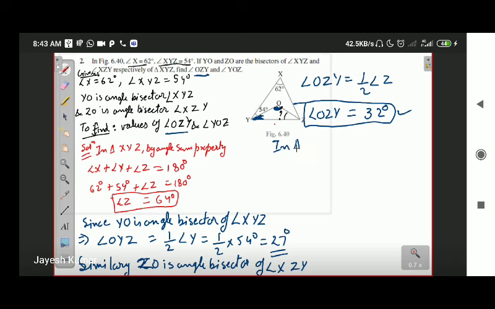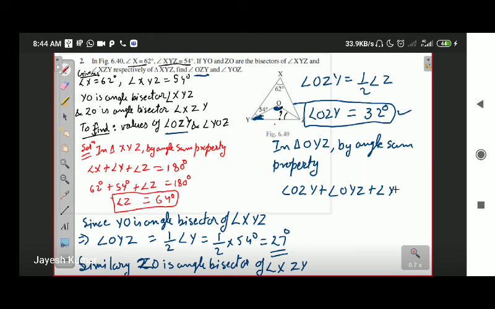In triangle OYZ, by angle sum property, angle OZY plus angle OYZ plus angle YOZ should be equal to 180 degrees.